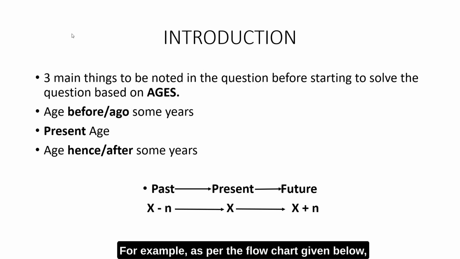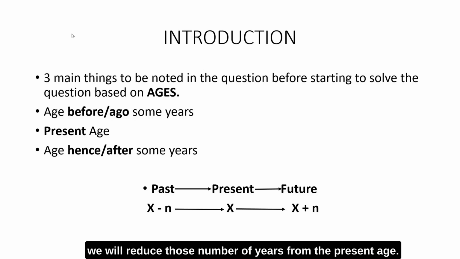For example, as per the flowchart given below, we fix the present age as capital X. If I want to know my age n years ago, that is, before so many years, then we will reduce those number of years from the present age.